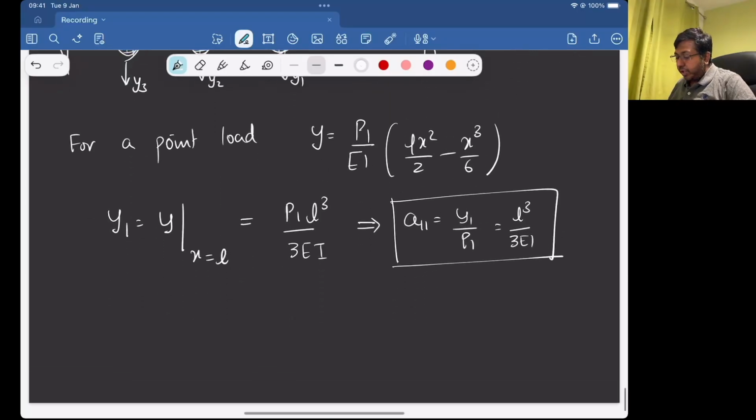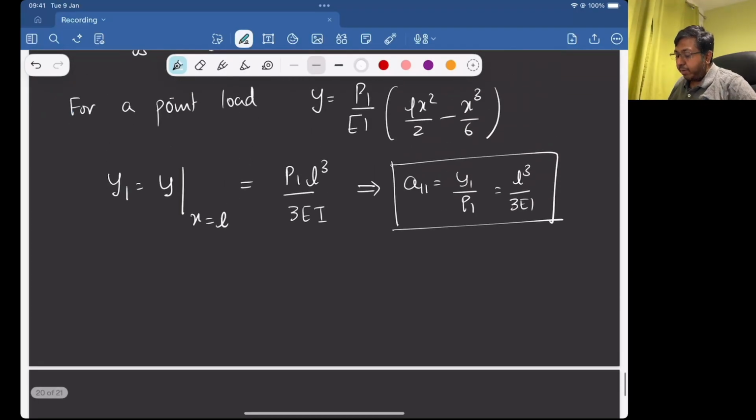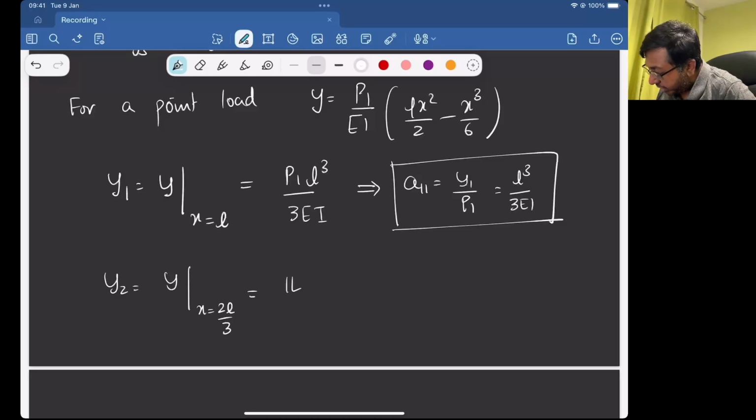So I'm going to do the same thing again here. Because I have equal segments, I can write Y2 is Y at x equal to 2L by 3. If I substitute that, I get 14 P1 L cubed over 81 EI, which means my A21, Y2 over P1, is 14 L cubed over 81 EI.